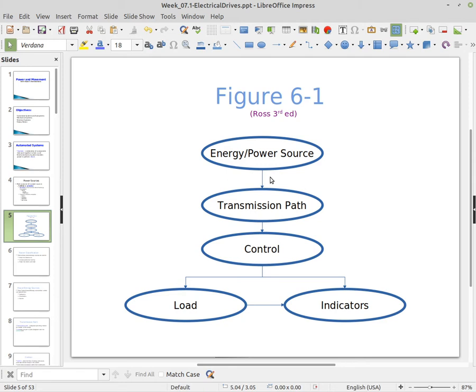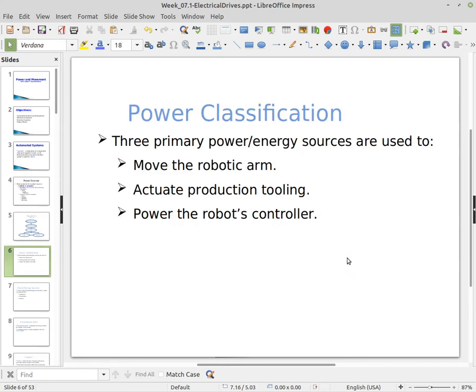We're trying to control movement of the load, so we have to have some sensors or some indicators in here. We have indicators connected so we can monitor how the control is handling the motion of the load.